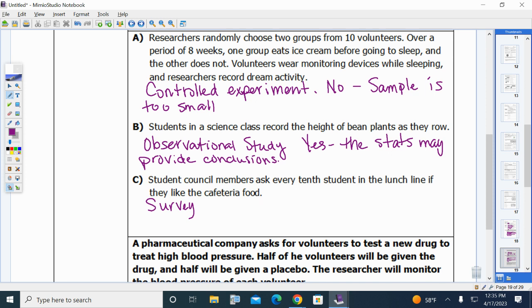Is the data provided here reliable? I don't think so. I think this is a definite no. You are surveying people in the cafeteria. They're already in the lunch line, and you are asking them about the cafeteria food. I don't feel like the results are going to be very reliable. The people in line are more likely to have a favorable opinion of the food.